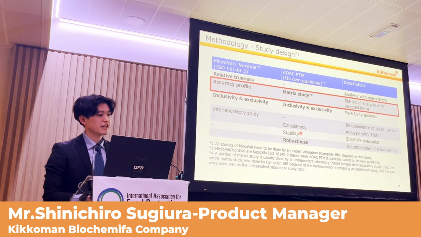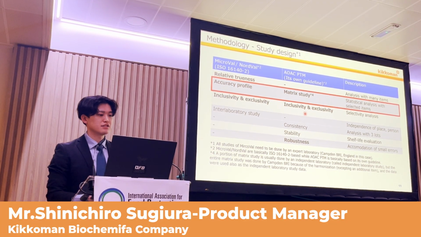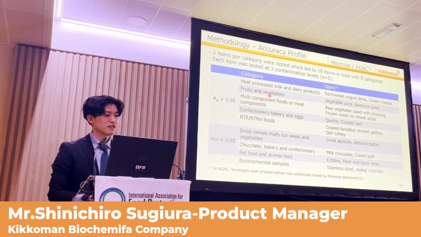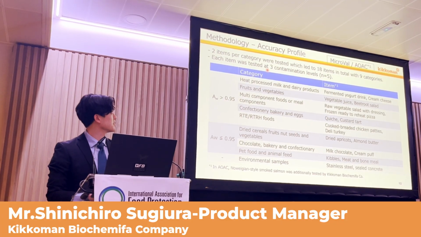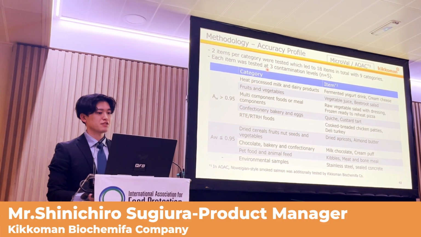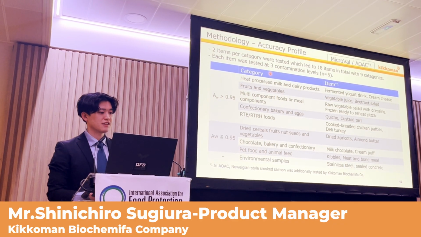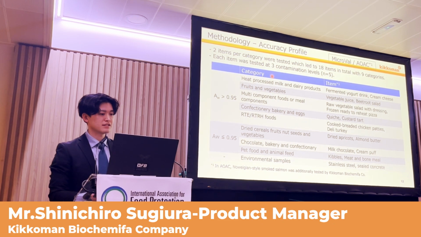And the second study is the accuracy study, which is analogous to the AOAC's matrix study. And in this study, 2 items per category were tested, which led to 18 items in total with 9 categories. And each item was tested at 3 different contamination levels and it was done with 5 replicates.